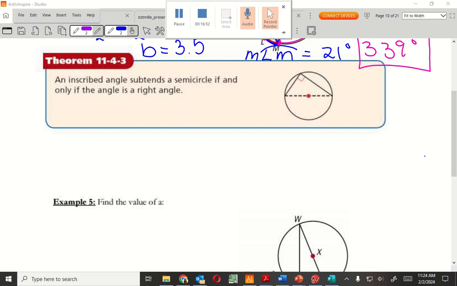An inscribed angle subtends a semicircle if and only if the angle is a right angle. So if this line right here is the diameter all the way across the circle through the center, that means this is 180 degrees.